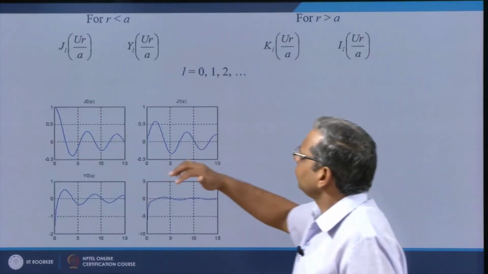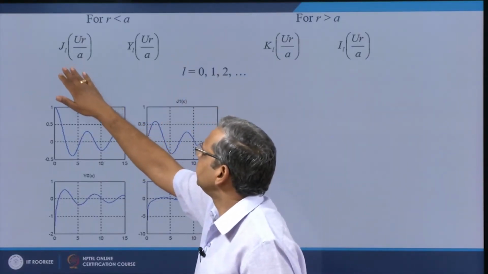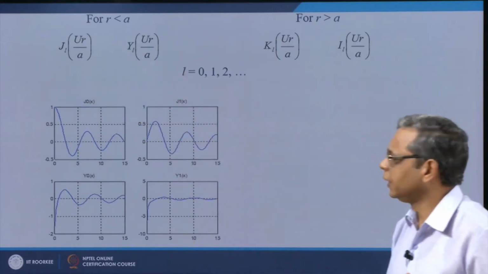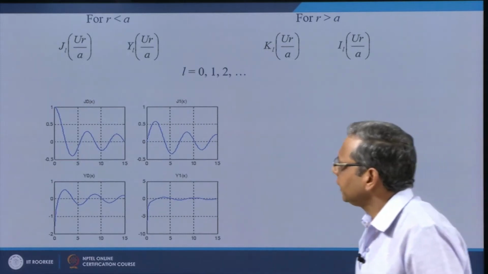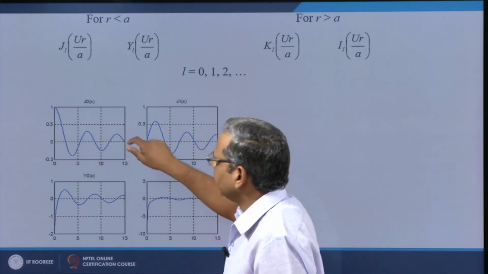So, if now for different values of L I plot these j 0, y 0 and j 1, y 1 and so on, then I find that j 0 has this kind of variation.